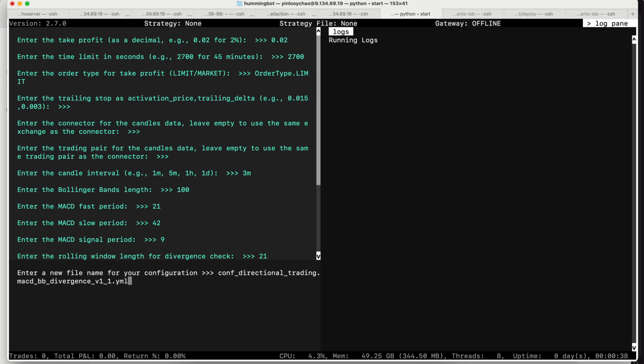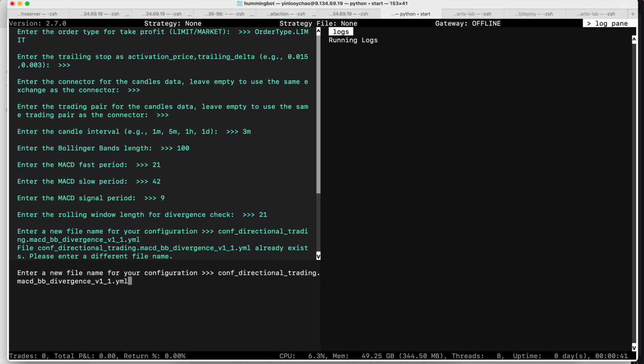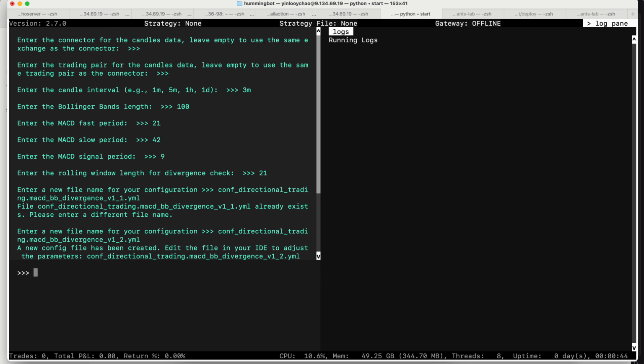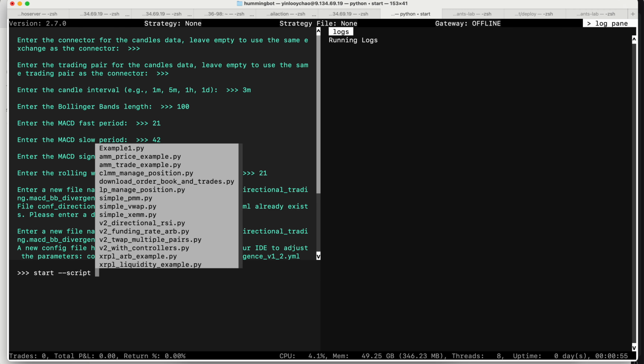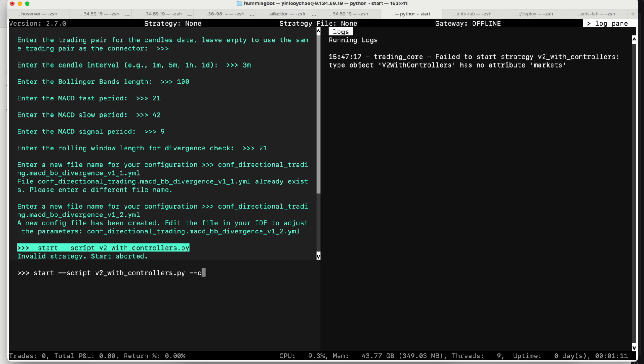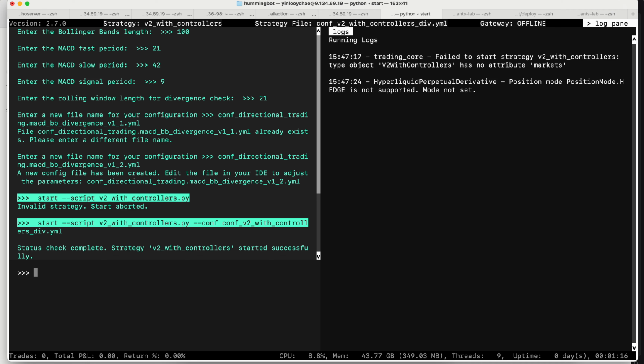And here we use 21 for the rolling window. And here we have already put that in the V2 controller script, so we just start it. V2 controller config, this one.